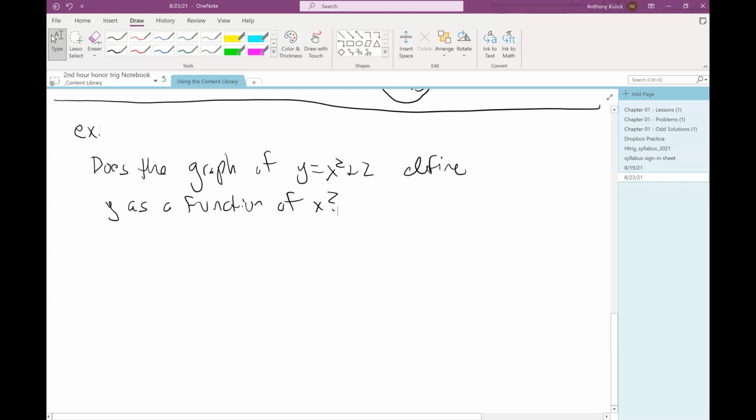Okay, so how about we sketch the graph? That's almost equivalent to what you're doing, right? So let's think back to our Algebra 2 class. What kind of function is this? Anybody? y equals x squared plus 2. These functions that look like this have a name, right? Okay, so it's quadratic.